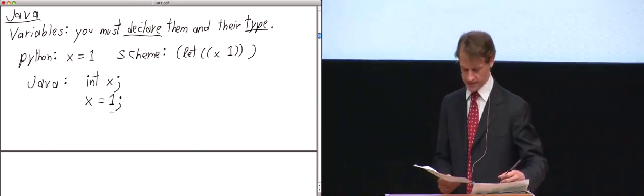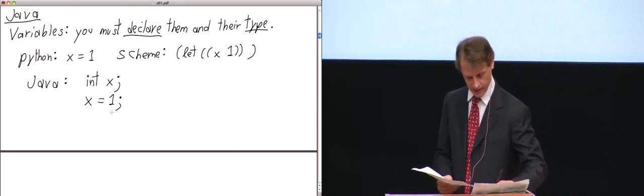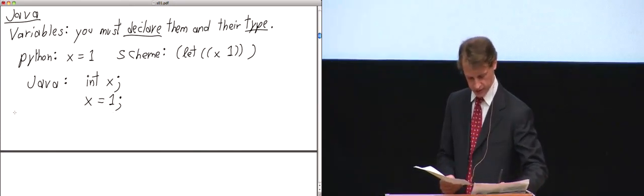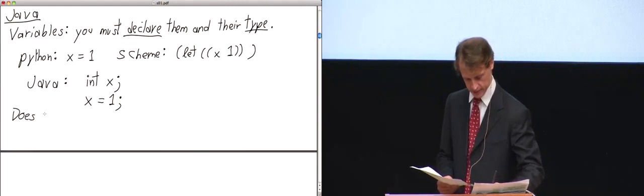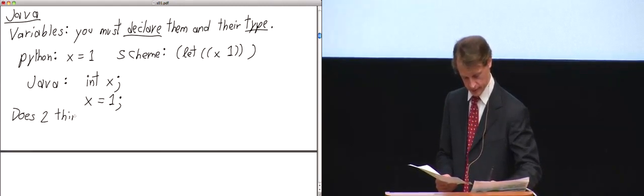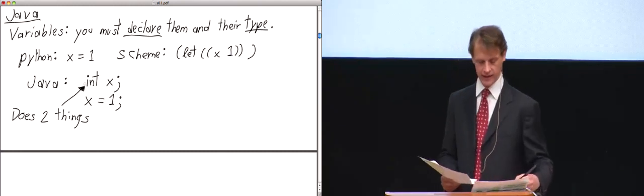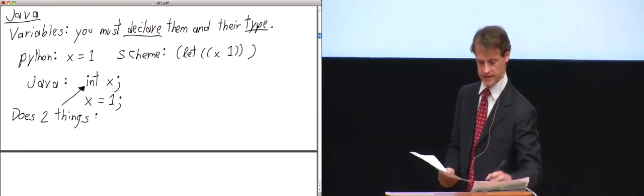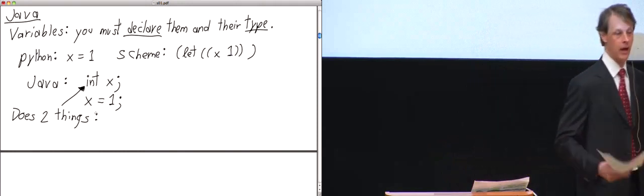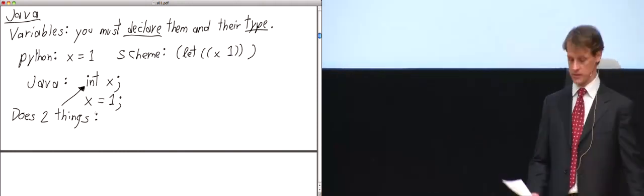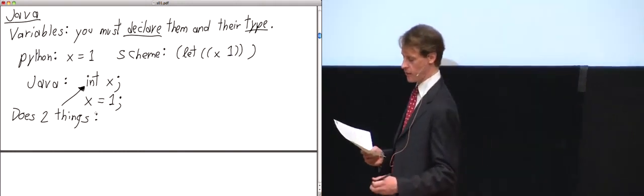So about this int x, I want you to know that it does 2 things. Just that one line, not even the second line. The line that says int x does 2 different things. The first thing it does is it allocates a chunk of memory for you.